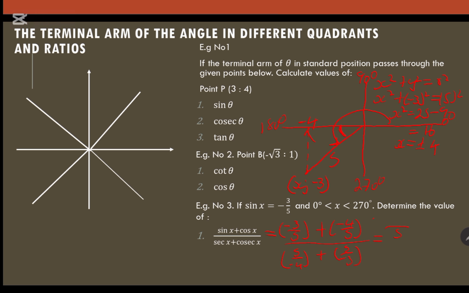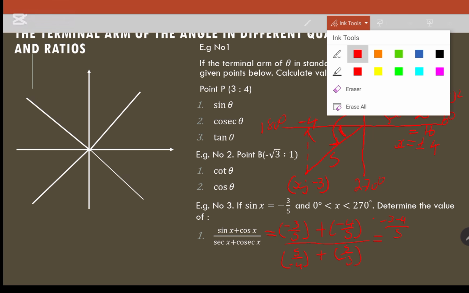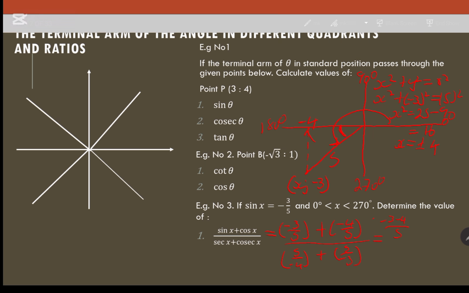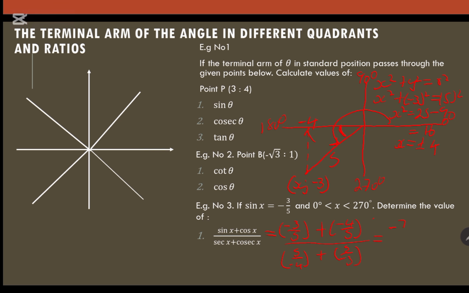You simply say 5, that is -3, -4 is -7. So that means it is -7 over, it is -7/5 divided by this at the bottom here.